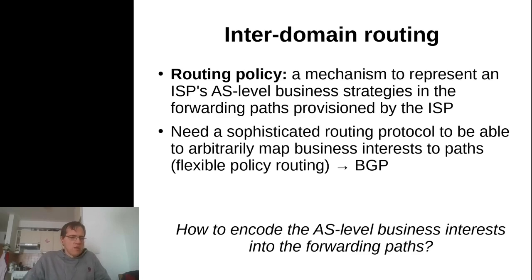So it is the business strategies for profit oriented enterprises like internet service providers that dictate the way the internet topology actually emerges from these autonomous decisions of different autonomous systems. The question that we are asking here is how these business strategies will be mapped to actual forwarding paths, or how these forwarding paths will represent the business strategies of the ASes that make up the internet.